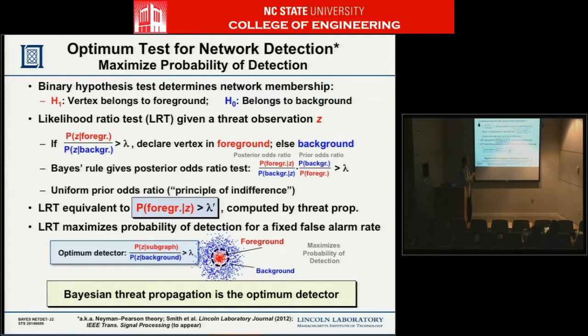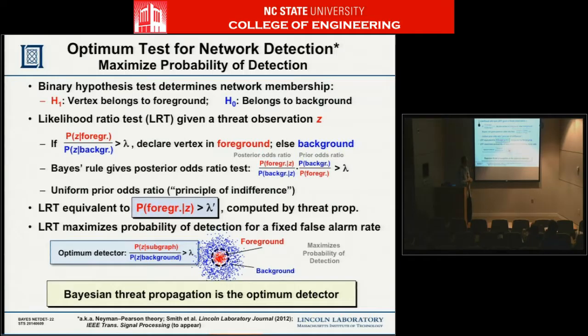And so you can show that this process, this likelihood ratio test, is exactly equal to this Bayesian threat propagation scheme I just described, where you're taking threat and propagating it through your network and computing threat probabilities that way.